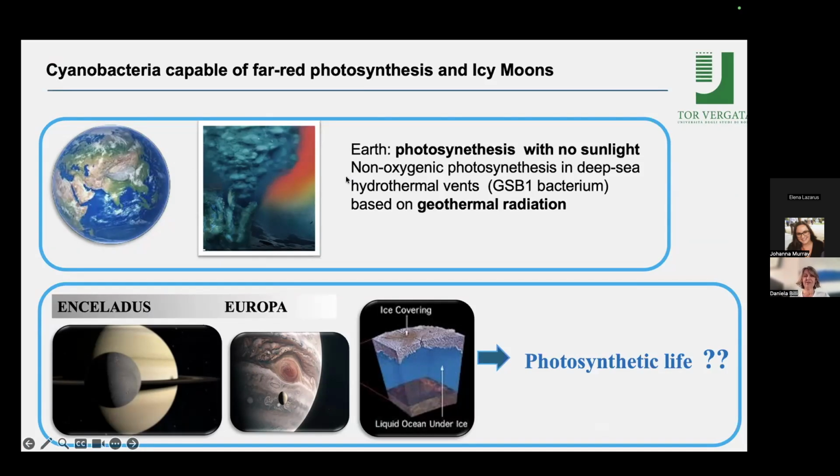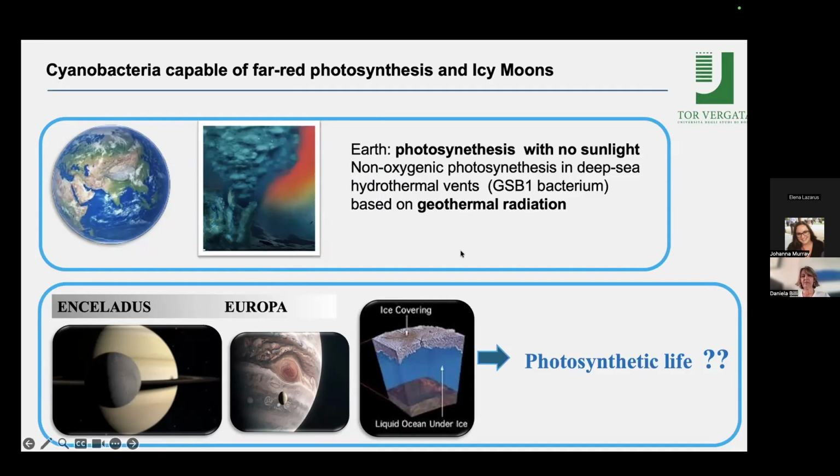But on Earth, there are hydrothermal vents. These hydrothermal vents appear at the bottom of the ocean. There might be some geothermal radiation. And on Earth, there are some photosynthetic bacteria, non-oxygenic, so able to perform photosynthesis without the evolution of oxygen. They are able to use this geothermal radiation, which basically is an infrared radiation.